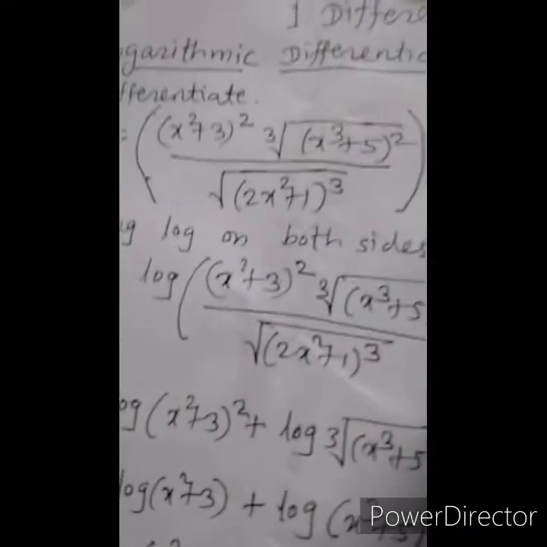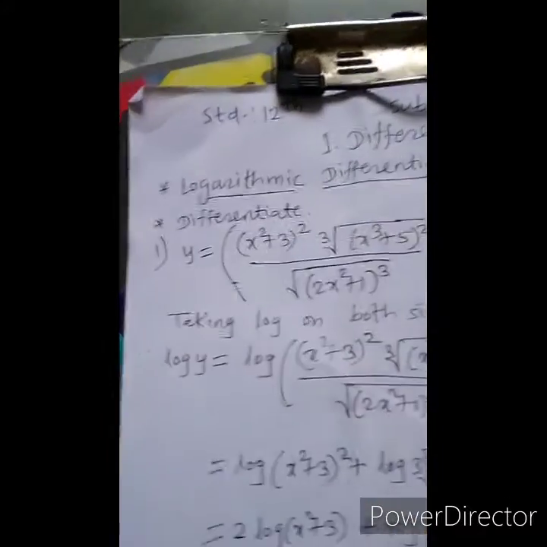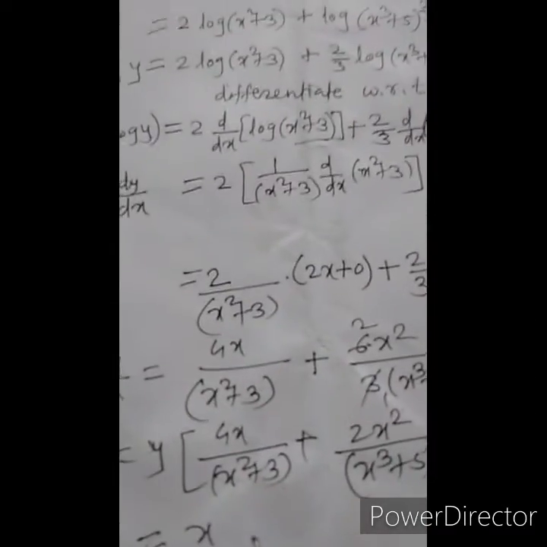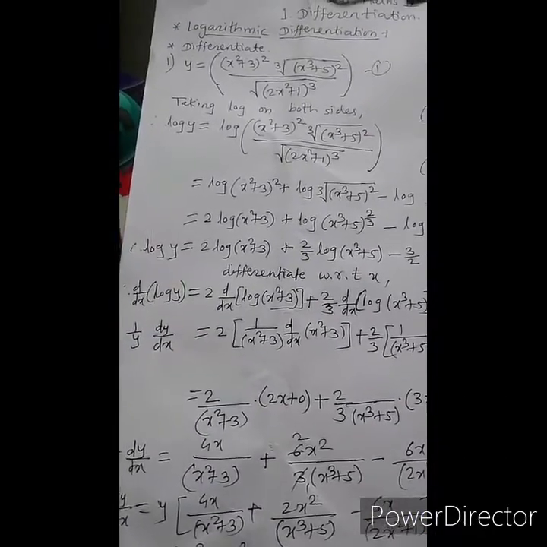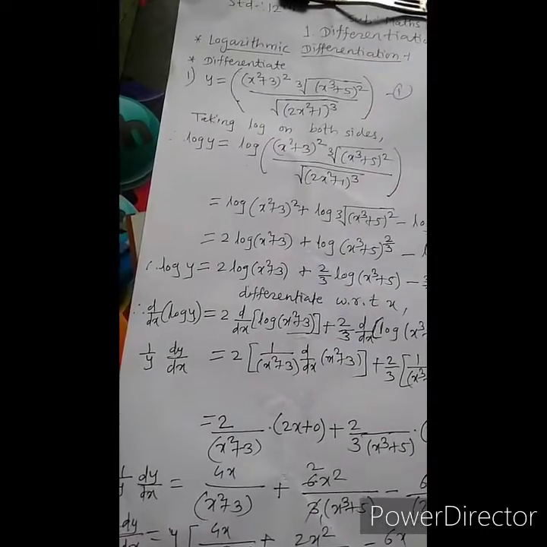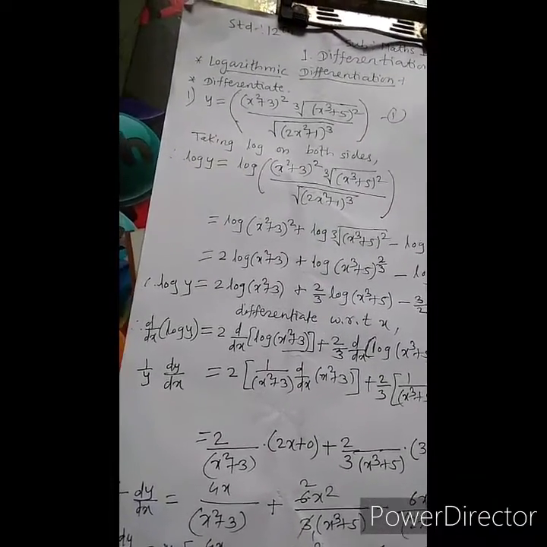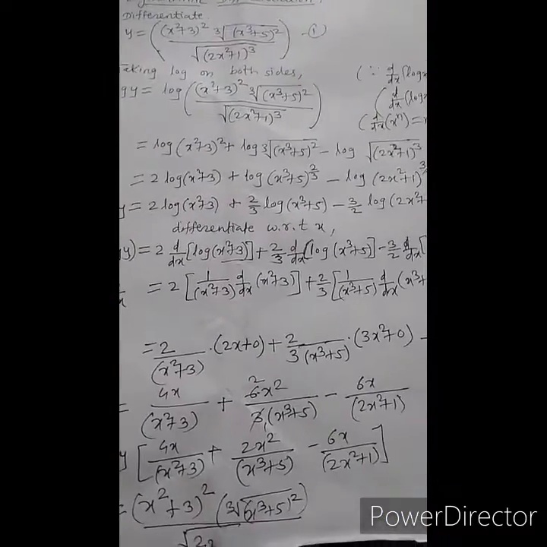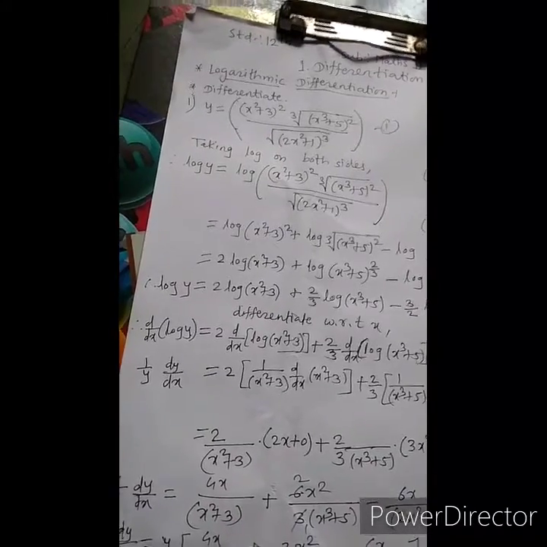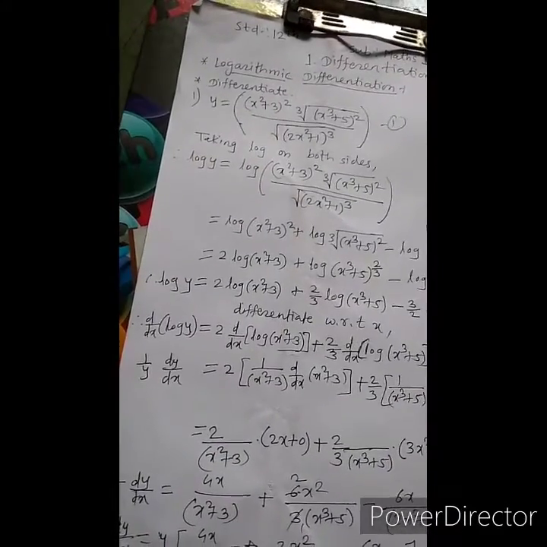So here we put the value of y: x square plus 3 bracket square and cube root of x cube plus 5 bracket square upon square root of 2x square plus 1 bracket raised to 3.